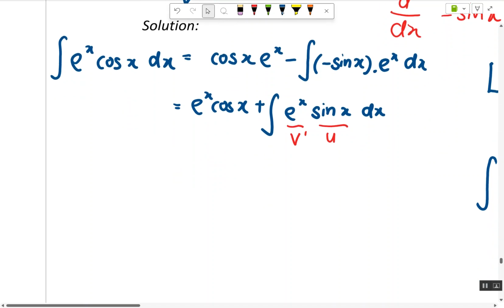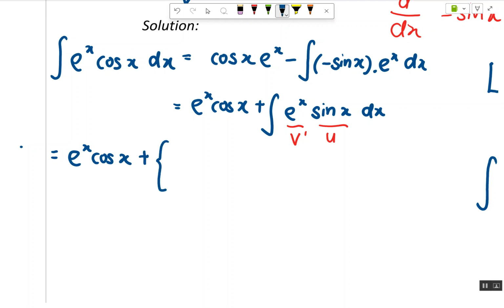I'm going to do by parts again, so pardon me, I'm just going to write the equal sign on the most left. This is equal to e power x cosine x. Whenever I do integration by parts twice, have a big bracket over here. uv would be sine x multiplied by e to the power of x, minus the integral of u prime, differentiate sine, I'm going to get cosine x, and then integrate e power x, I'm still just going to get e power x dx.